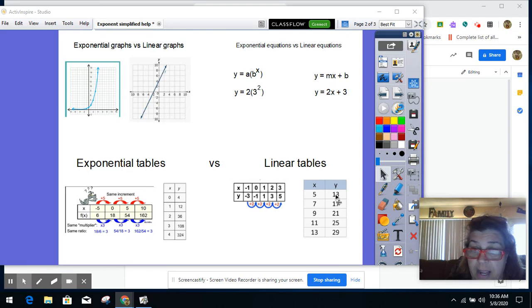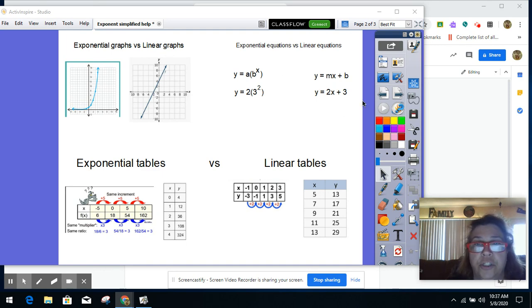Didn't jump very high between 13 and 29, especially when we compare 4 to 324. Huge difference. So when you're looking for clues to tell you what type it is on any of these, this one's self-explanatory. Linear, boom, line. Exponential, boom, super growth, super fast.